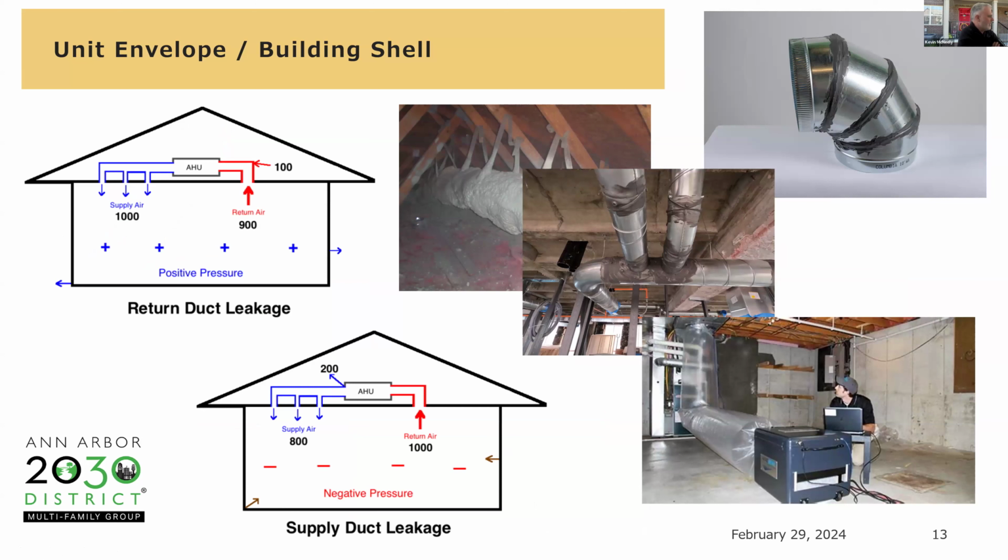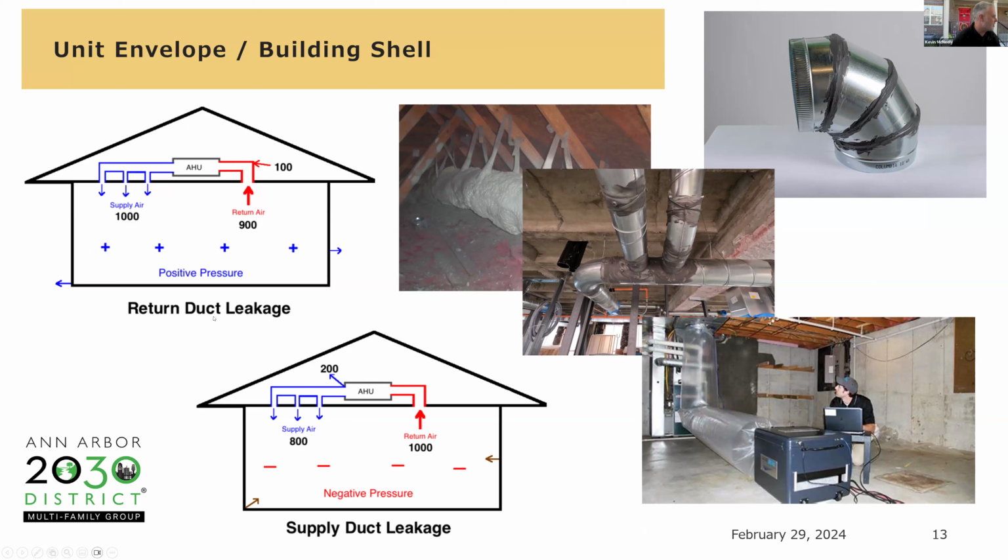The other area that causes leaks in a building is not only the wind outside, but it is also your HVAC system. And although these illustrations on the left-hand side here are showing the air handler and the duct system in an unconditioned attic, even forced air systems that are fully within the conditioned space can cause a building to leak.